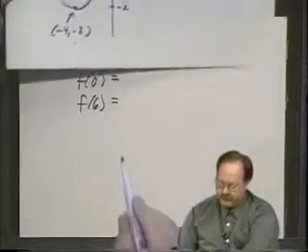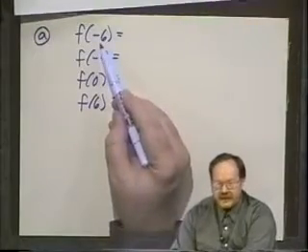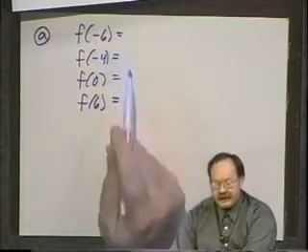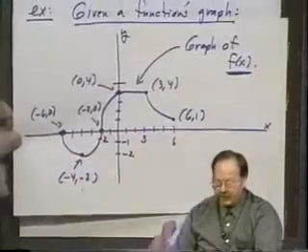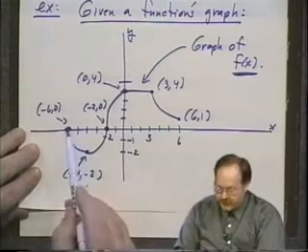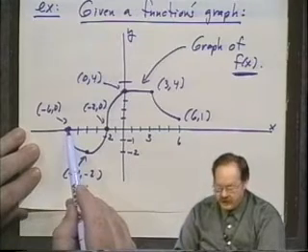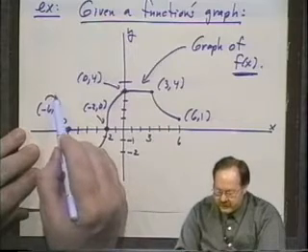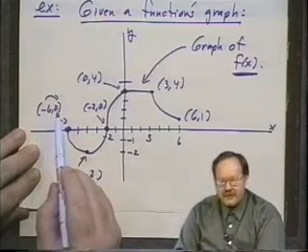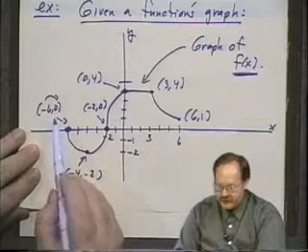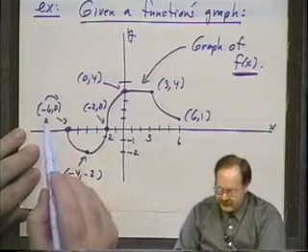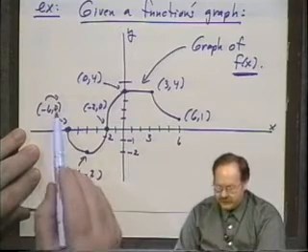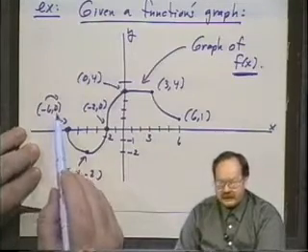Well, f of minus 6. I'm asking, when I put a domain element minus 6 in, what range element comes out? Well, look in the picture. Look at these ordered pairs. There's the domain element paired with its range element. So all I really have to do is look at the domain element and then write down the range element. 0 is f of minus 6.